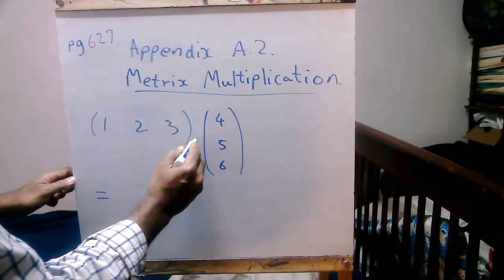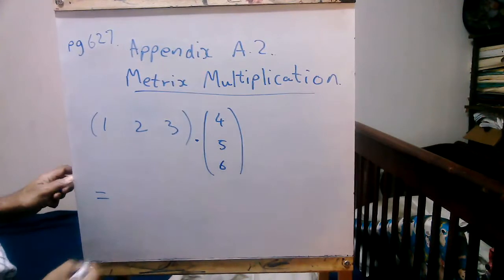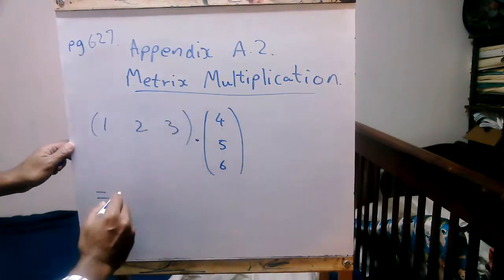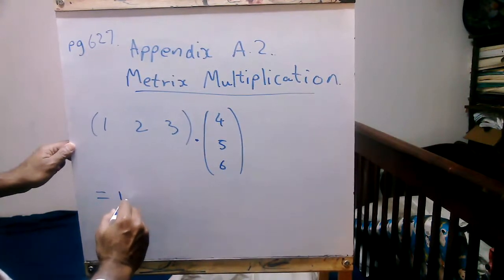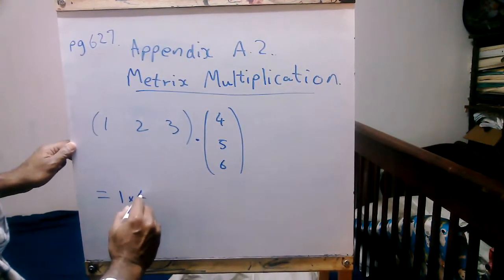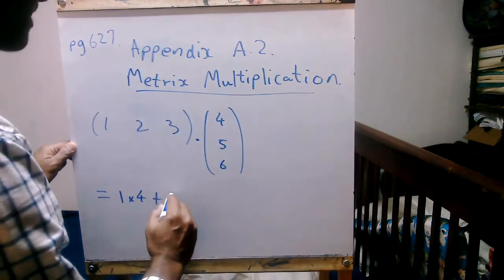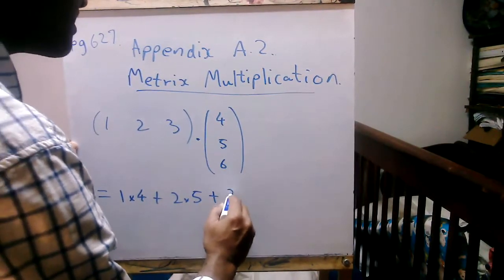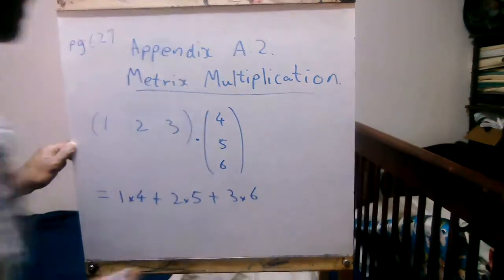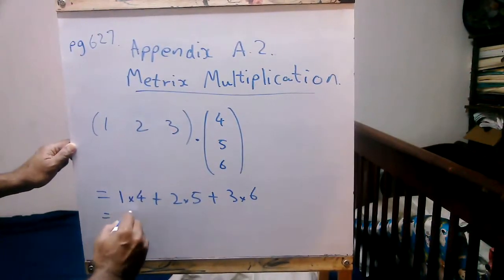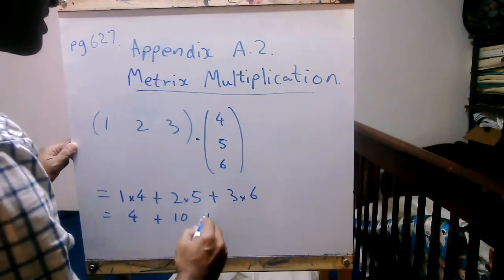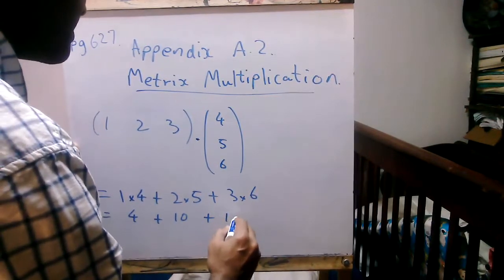We're doing multiplication, so I put a dot here. 1 times 4, I write 1 times 4 plus 2 times 5 plus 3 times 6. This is 4 plus 10 plus 18.